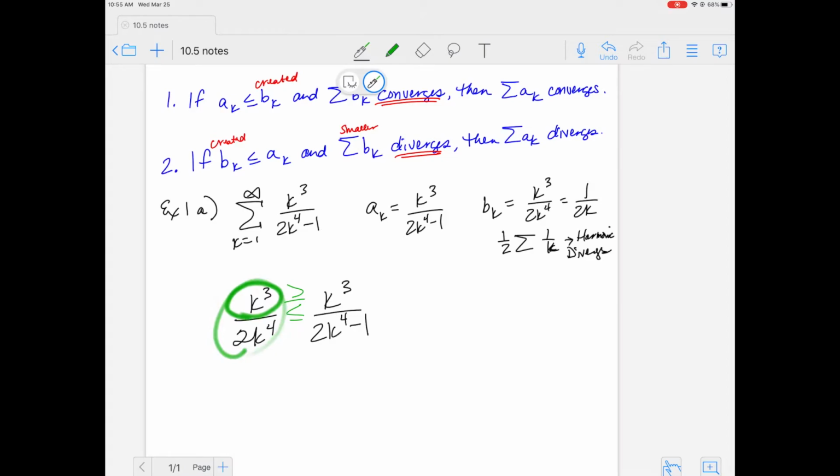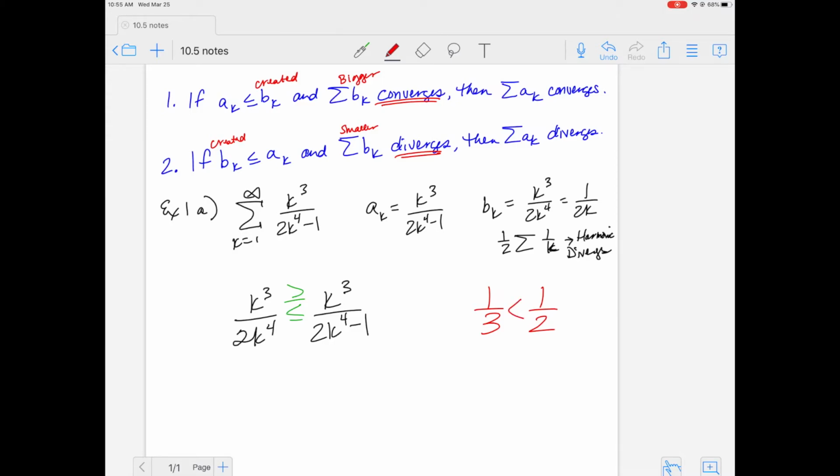If your numerators are the same, then nobody cares about them. They're the same, so you're good. 2k to the 4th and 2k to the 4th minus 1. What happens with those denominators? For instance, if I have something like 1/3 and 1/2, which one's bigger? 1/2, right?